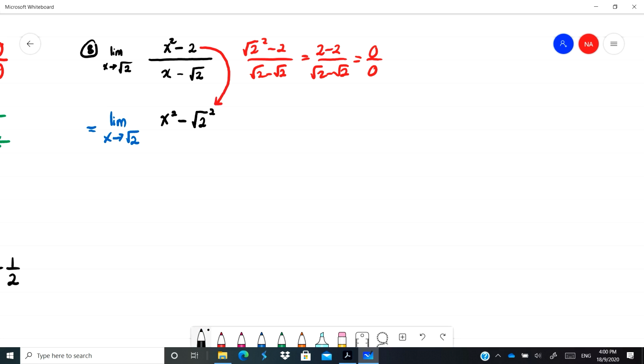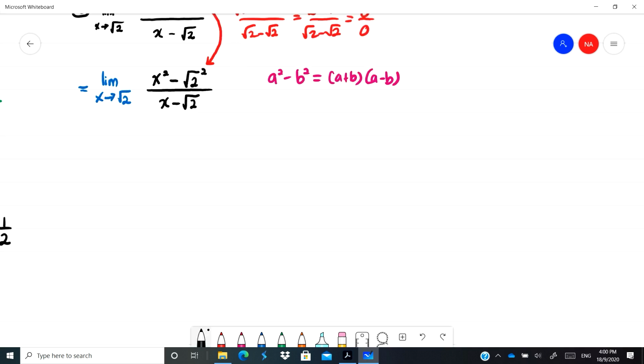In the denominator, we have x minus square root 2. Now, please take note that if you have a squared minus b squared, this will be (a plus b)(a minus b). So in this case, this will be written as (x plus square root 2)(x minus square root 2).